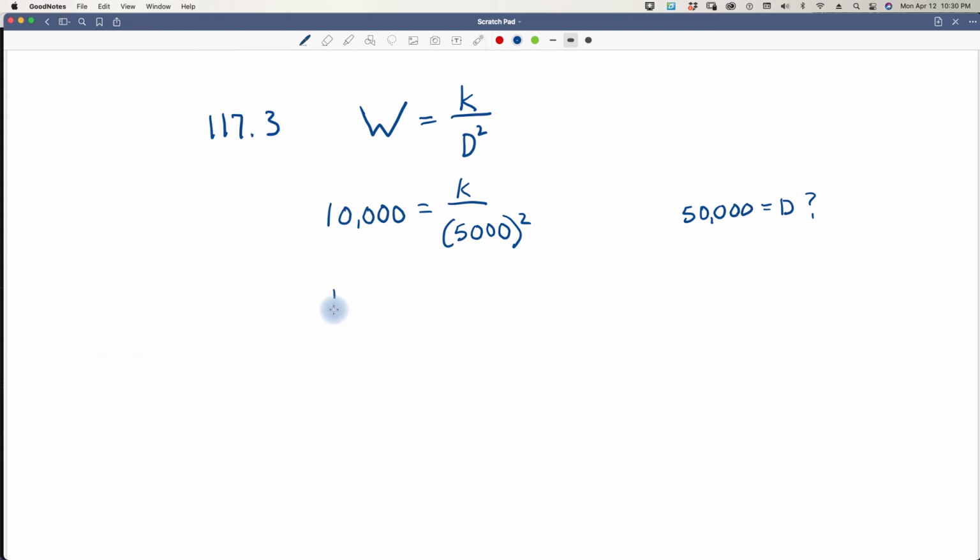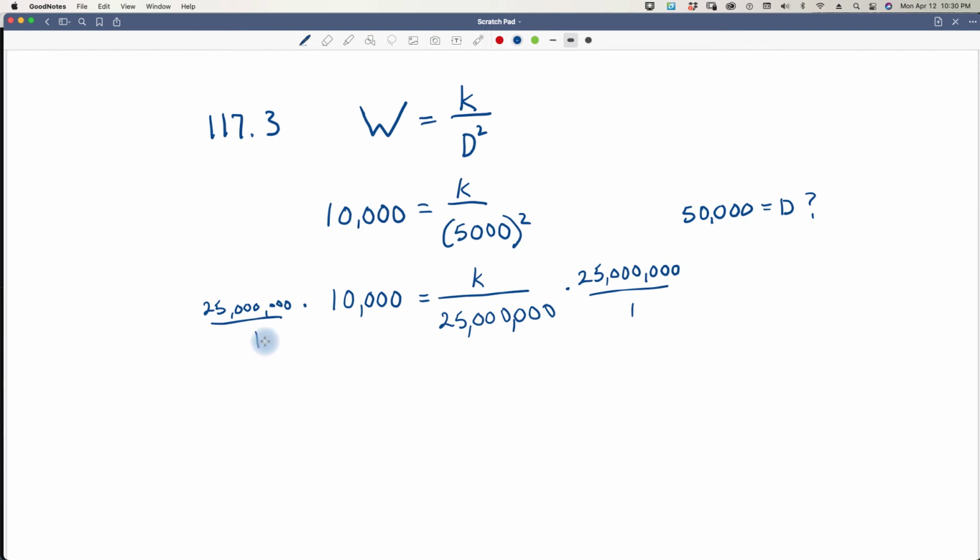Okay, so 10,000 equals K over 25 million, right? So we multiply both sides by 25 million over 1, and the 25 million over 1 cancels out.